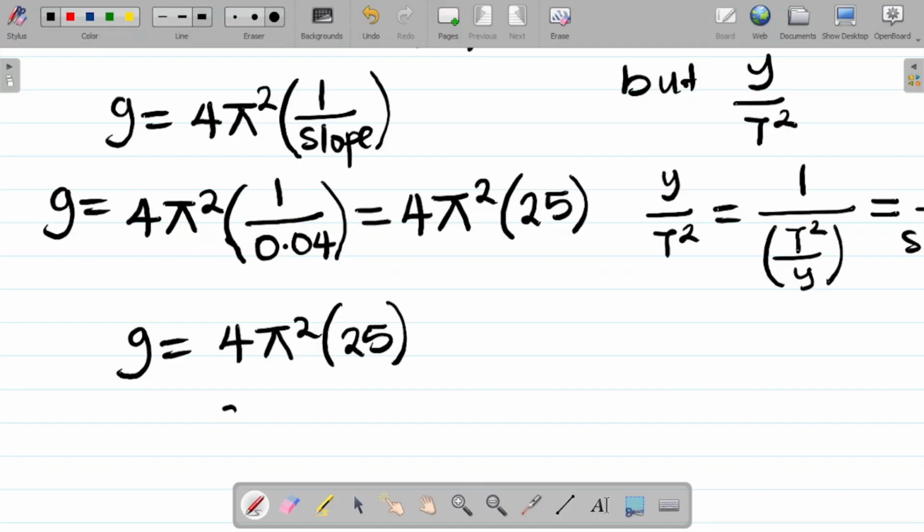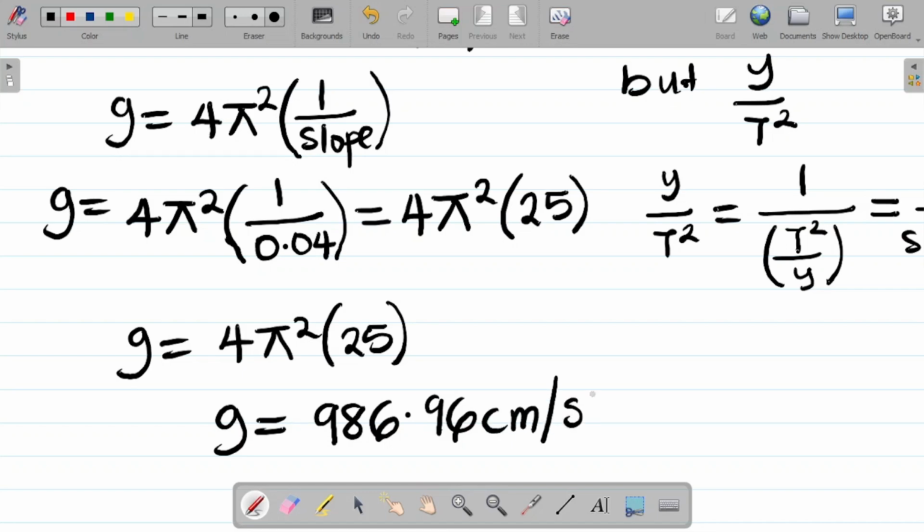If I multiply this, we'll have that g is equal to 4 times pi squared times 25, and this will be equal to 986.96. Now for g, y was in centimeters, so it becomes centimeter all over second squared, since t squared becomes second squared. So this is how we can actually get the value of g using this setup. So that's it.